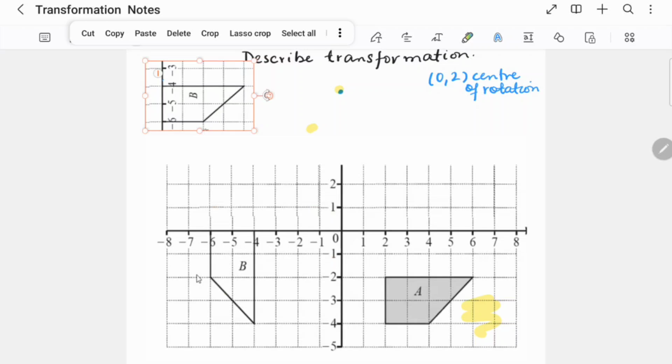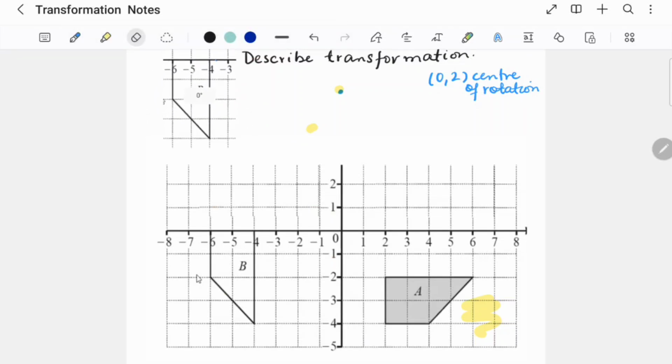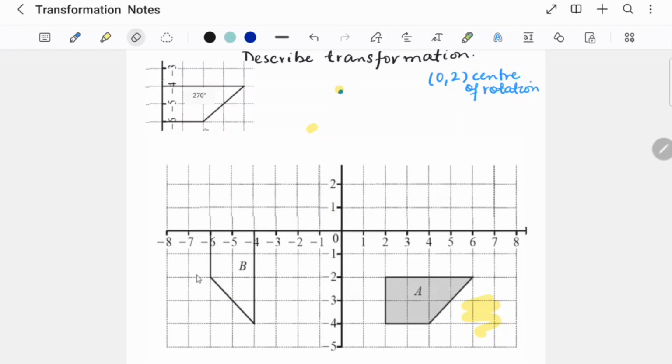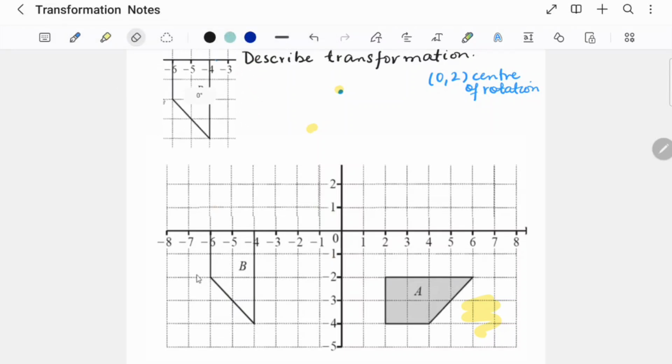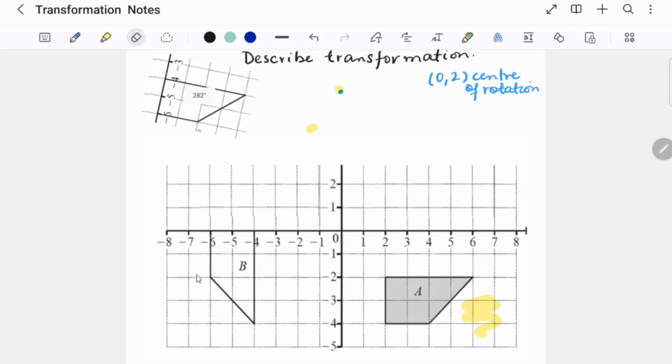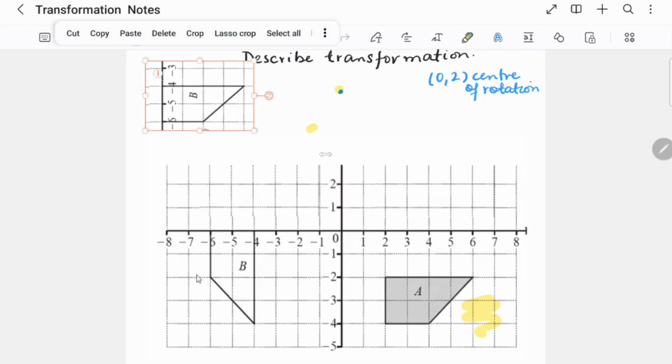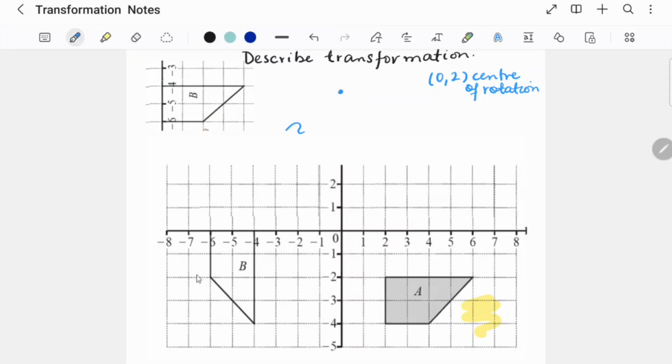If this position was your original position, now I have moved 90 degrees anti-clockwise, because if I moved anti-clockwise the image will be like this, which is not the same. So if I have this diagram and I have moved it 90 degrees anti-clockwise, it is like this.